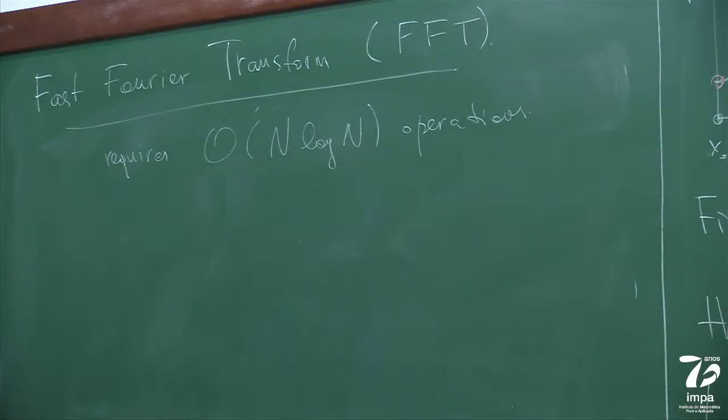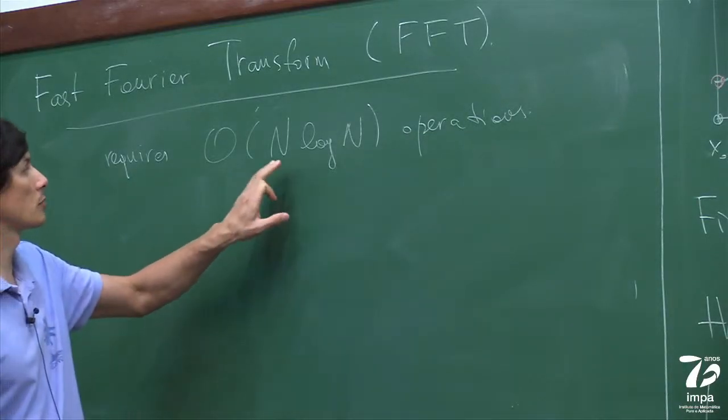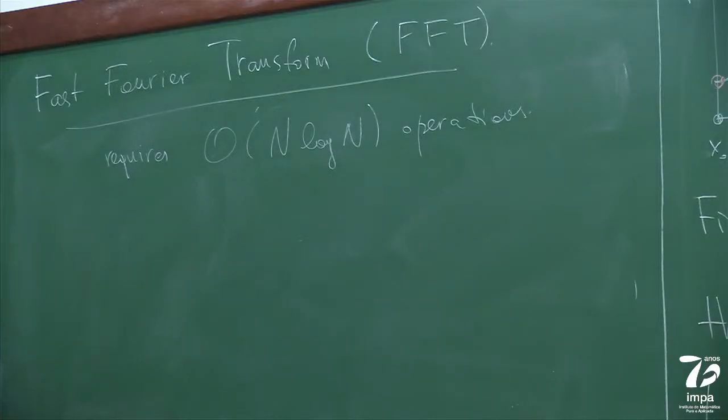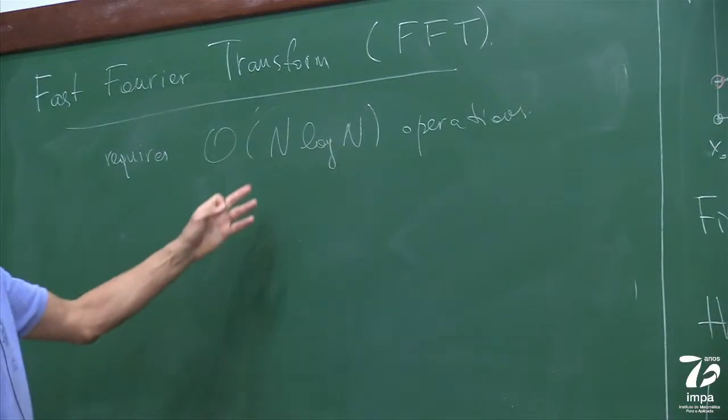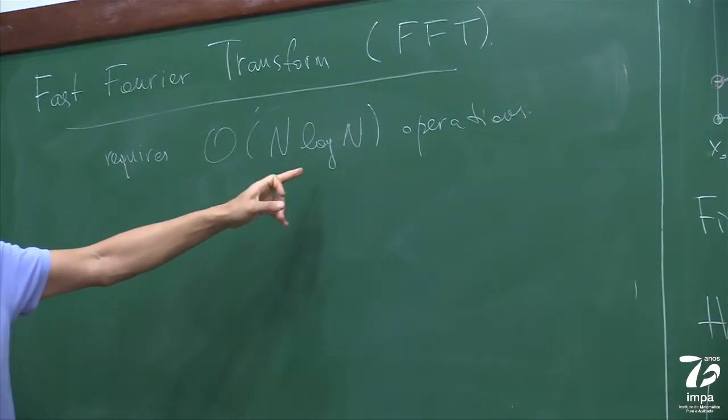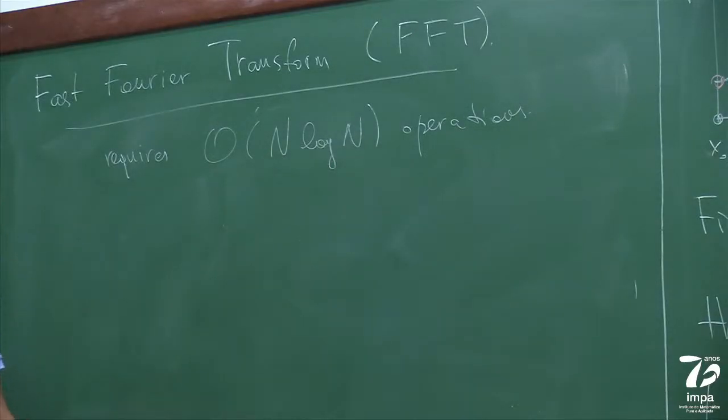So essentially, you reduce n squared operations to something not far from n operations. So n log n, which is a tremendous improvement. So if n was like a million, then this will be a million times a log, which is just like 10. So it will be 10 million operations.